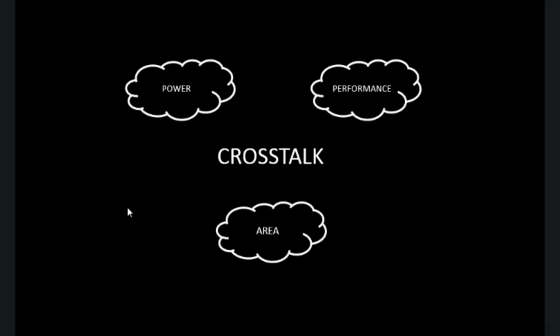Crosstalk is destroying the achieved power, performance and area on a chip. That's why it's important to bring up this topic, understand what crosstalk is all about, and identify fixes without deteriorating power, performance or area. That's where the crosstalk phenomenon comes from.